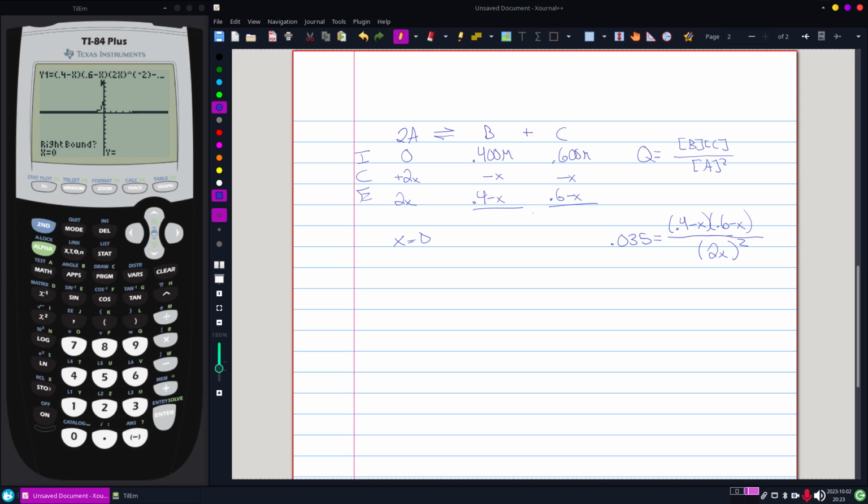Well, they can't go beyond 0. They can get to 0, like we could lose all 0.4 moles of whatever B is, but it couldn't go to 0.5 because that would give us a negative value. So the largest this could be is 0.4. The largest this one could be is 0.6. So it'd be fine to put in as a right bound the 0.4.